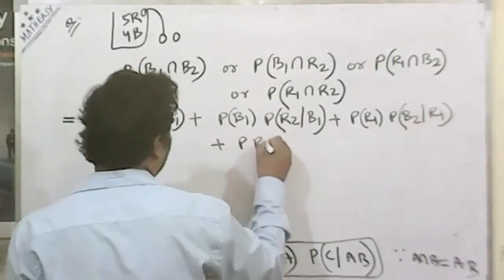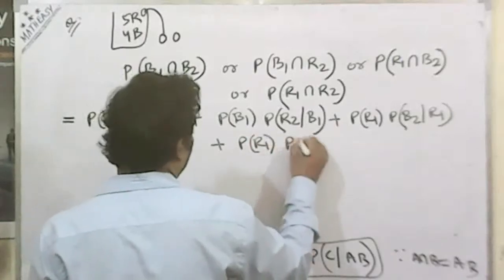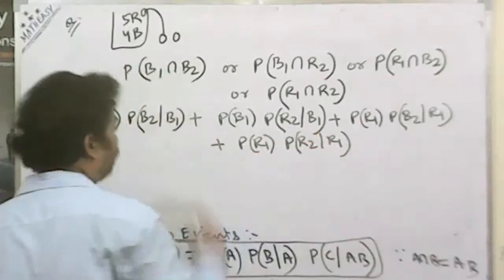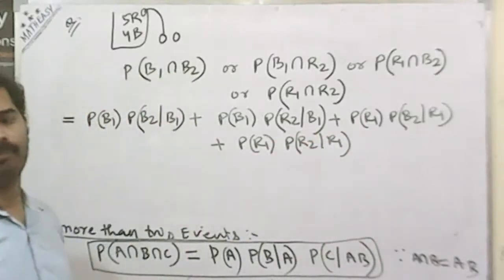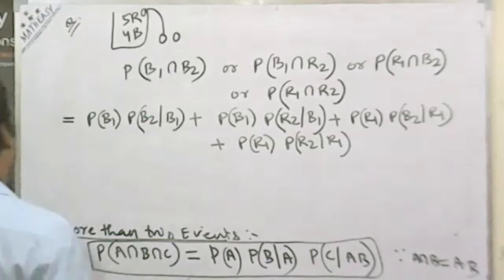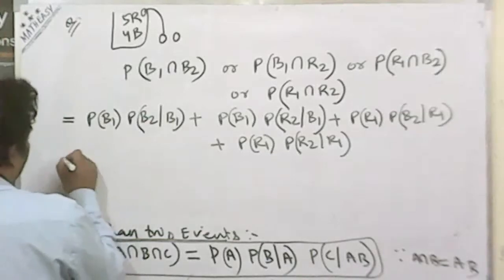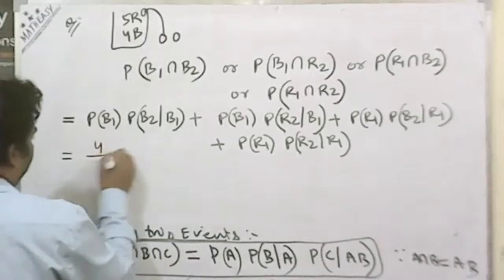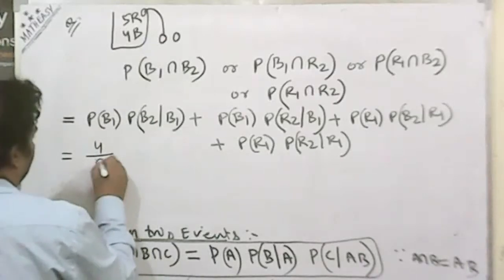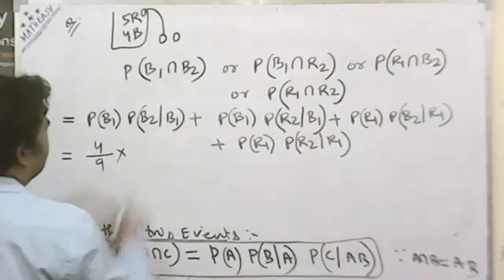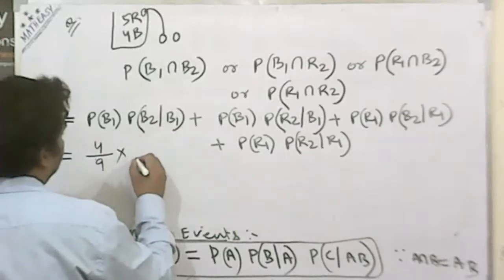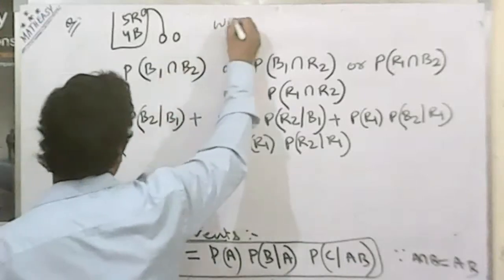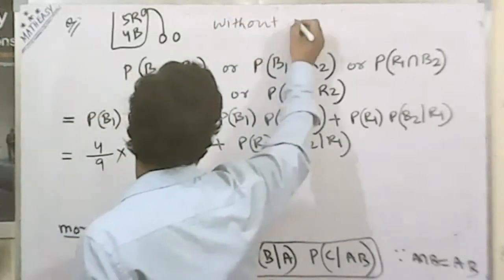Now, probability of red 1, probability of red 2 given red 1. That is the particular multiplication rule of probability. Black 1 means 4 by 9. Next, black 2, that is, without replacement concept is given here.